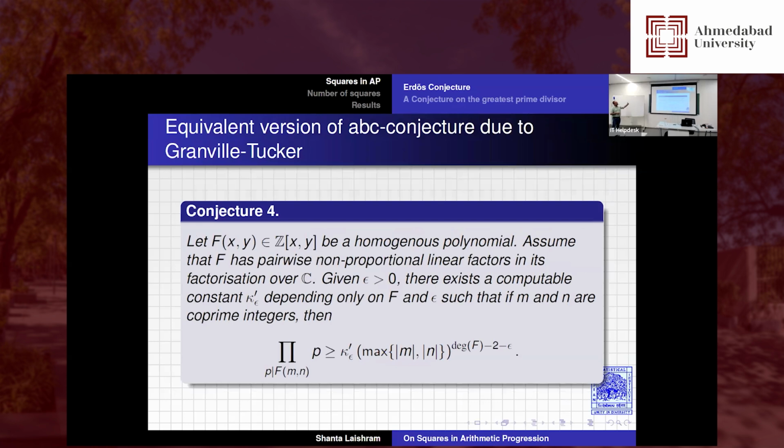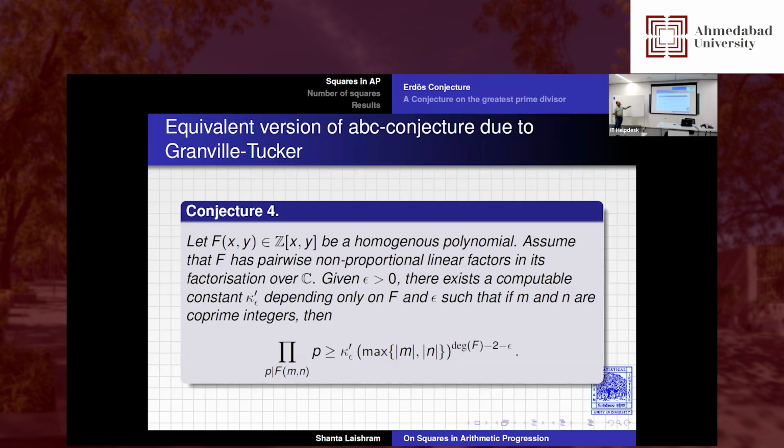We use another version of the ABC conjecture due to Granville and Tucker, which looks a little more complicated, but is an equivalent version. We start with any homogeneous polynomial which has no proportional linear factors. Then you can find a constant such that the product of prime divisors of this polynomial is bounded below in terms of m and n.